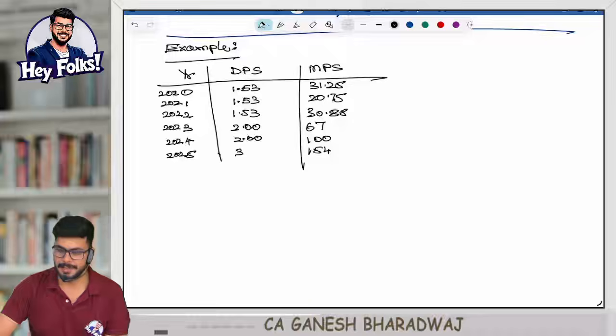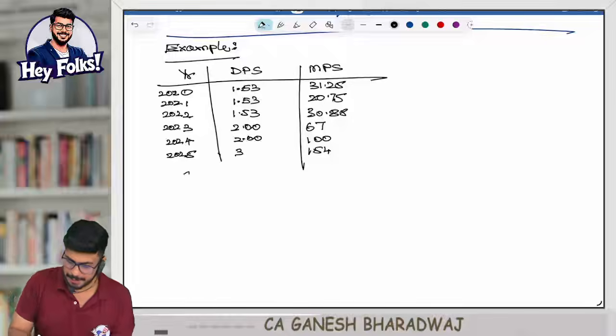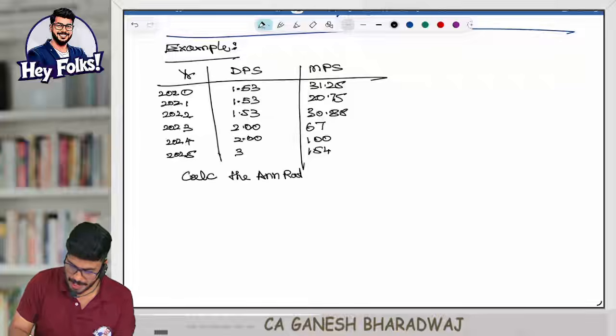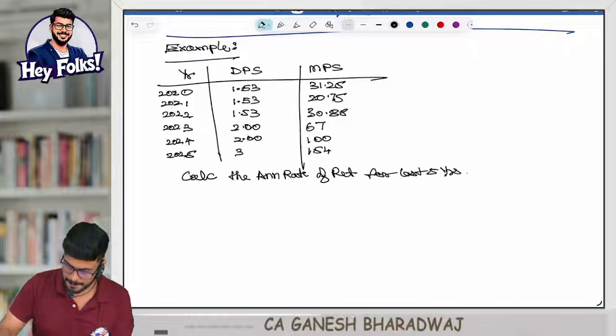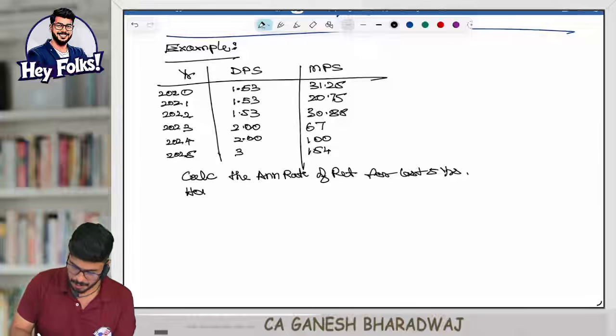Right, guys? Now, what do you need to calculate? Calculate the annual rate of return for last 5 years, and they don't stop here. How risky is the share?